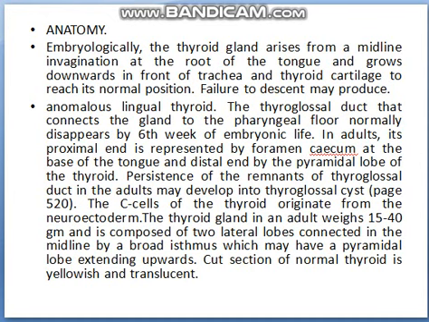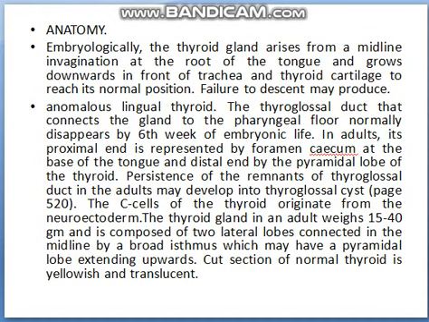While if the gland does not descend, then there is some abnormality, and this is known as lingual thyroid. We all know what lingual is. The lingula is present in the buccal cavity, and if the thyroid gland remains in the lingual area, then it is known as lingual thyroid. So embryologically it arises from the root of the tongue.